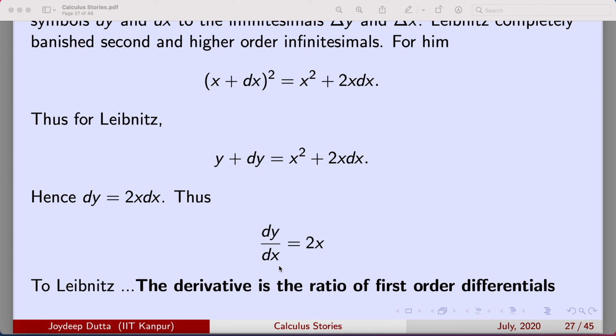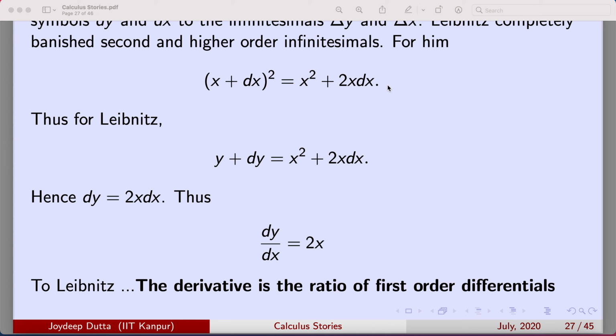So for Leibniz, the derivative was nothing but the ratio of the differentials. But is it? Because here also there is a kind of trick where delta x square, or dx square, is thrown off and you just forget it as if it didn't exist. So would you really like to think that the derivative is the ratio of differentials?